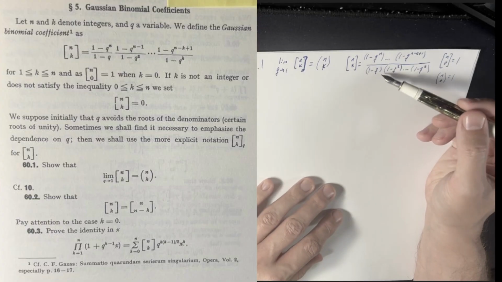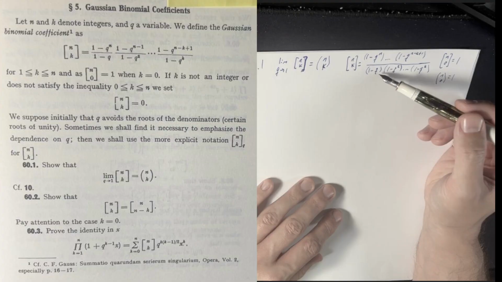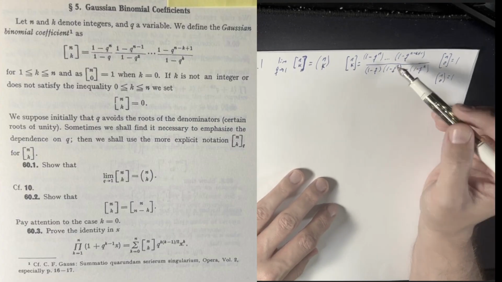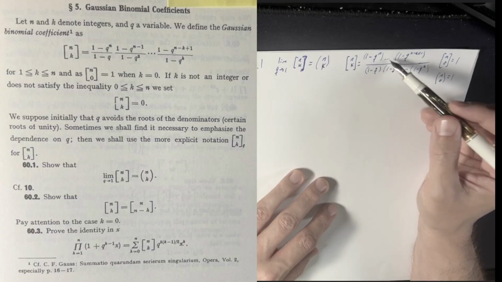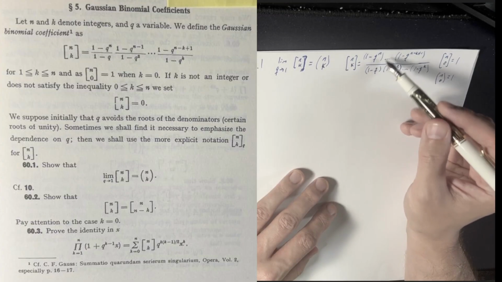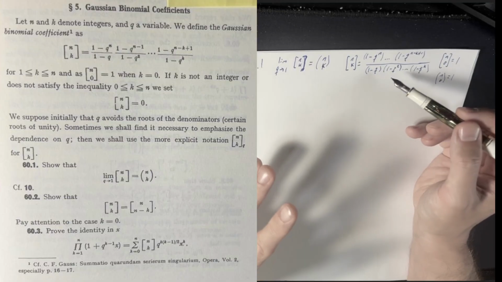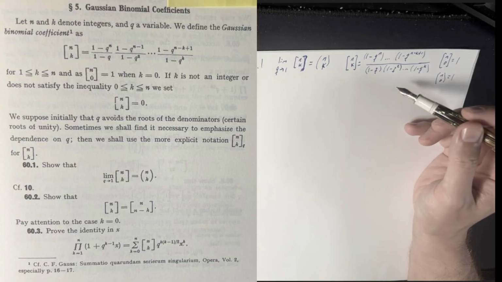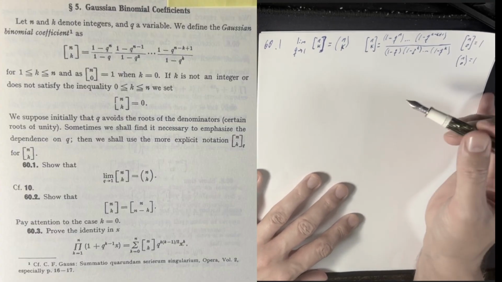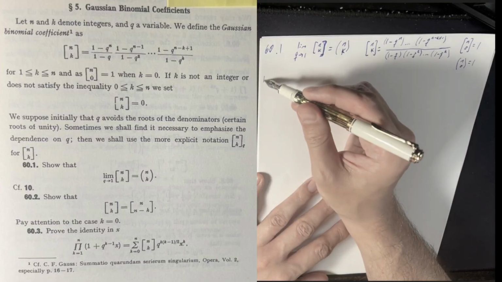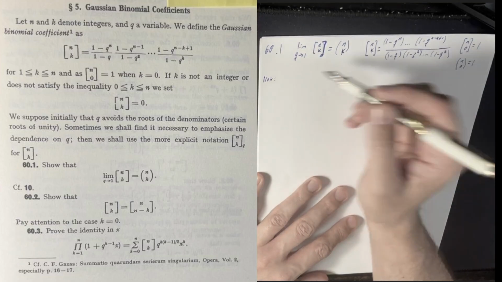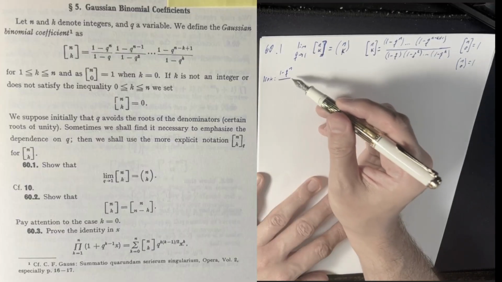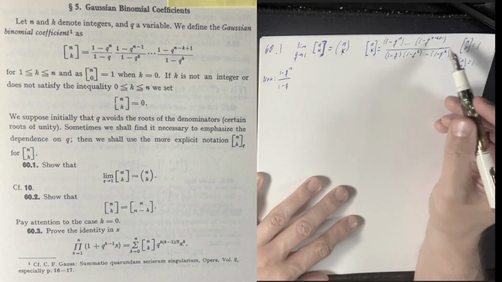So try to take the limit as q goes to 1. Alright, I have a bit of a problem there. This first one is easy enough to count. I think that limit's going to be n, because it's just 1 plus q plus... I'm just noticing that, what is this, the case of k being 1?